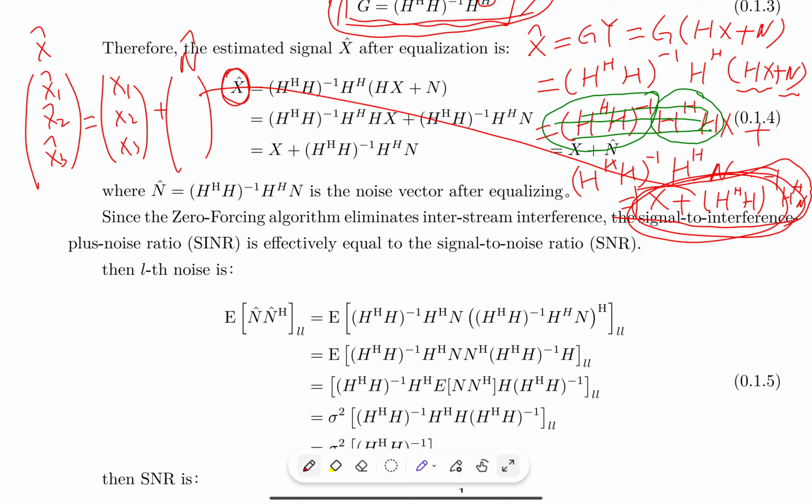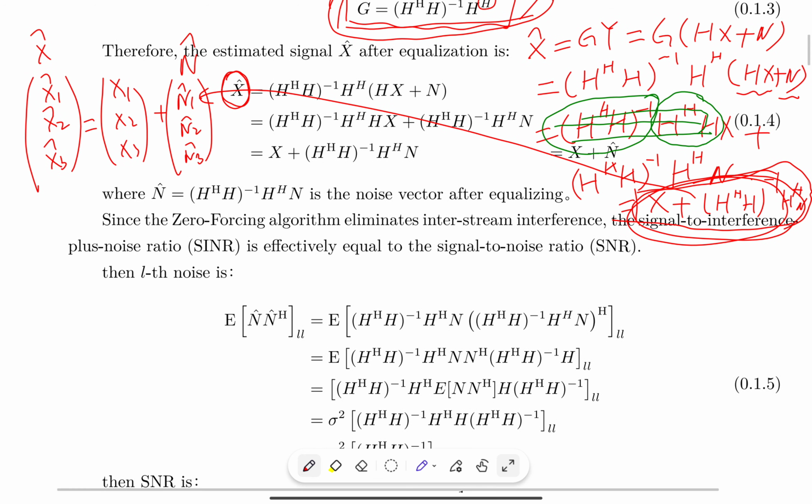Each element is here: n1 hat, n2 hat, n3 hat. Now we assume the original signal power is 1. So now we need to calculate each element's power. It means this is the noise power after equalizing.